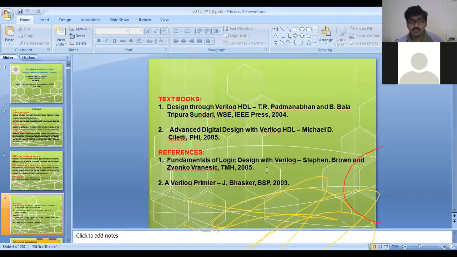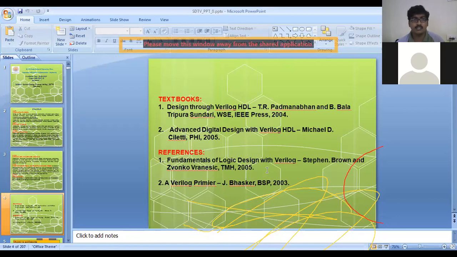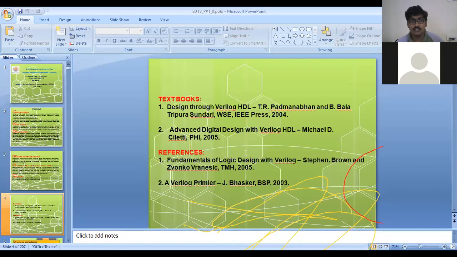This is the first textbook which I have sent to you previously: Design through Verilog HDL by T.R. Padmanabhan and B. Bala Tripurasundari. And we have one more textbook called Advanced Digital Design with Verilog HDL.